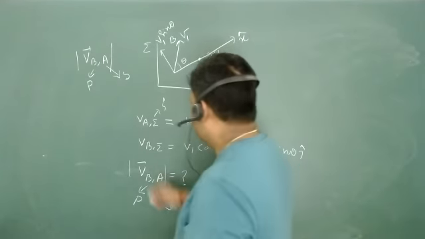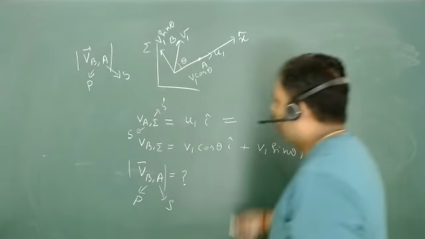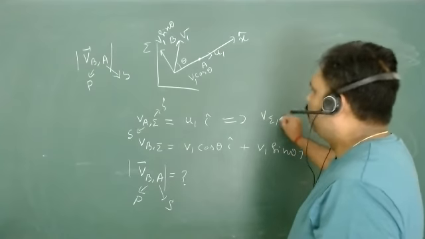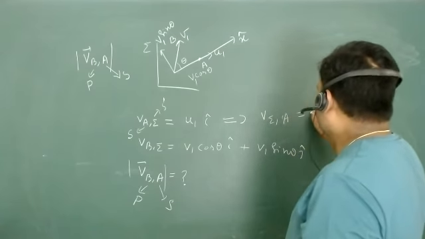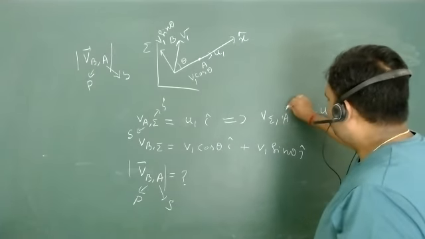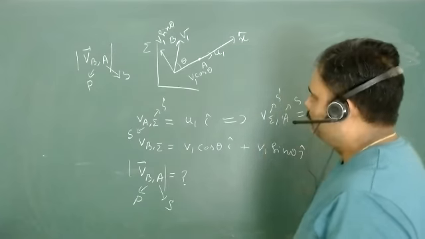And now we can write this particular thing. So A is my S, and this can again be written as the equivalent velocity of sigma with respect to A, which is minus U1 in I cap direction. So this will be my S frame. This will be my S dash frame.